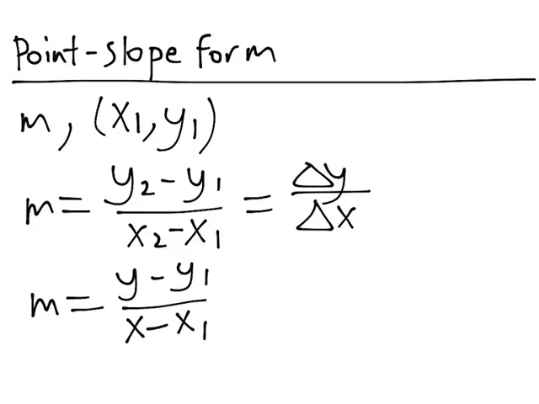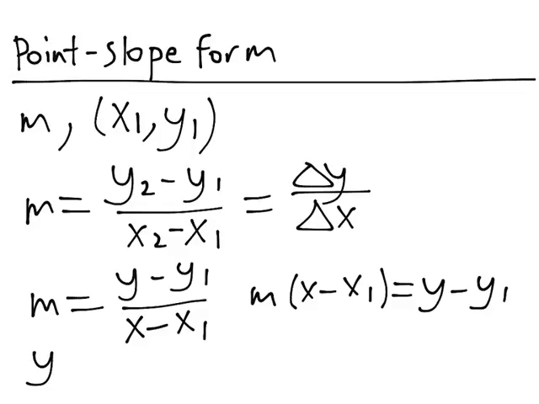Now we can multiply both sides of this equation by x minus x1 to get m times x minus x1 is equal to y minus y1. If we rewrite it as y minus y1 equals m times x minus x1, we now have the point-slope form of the equation.